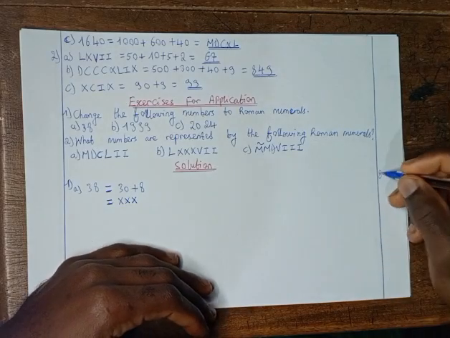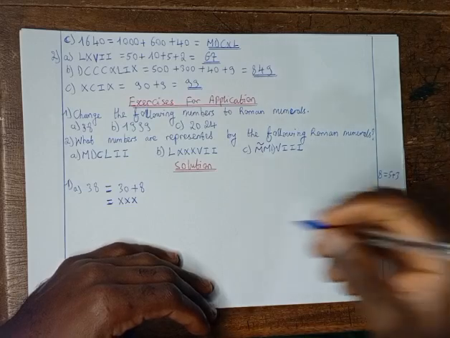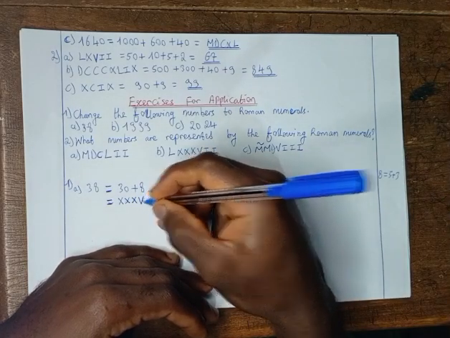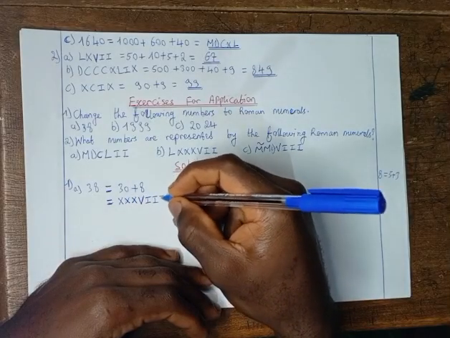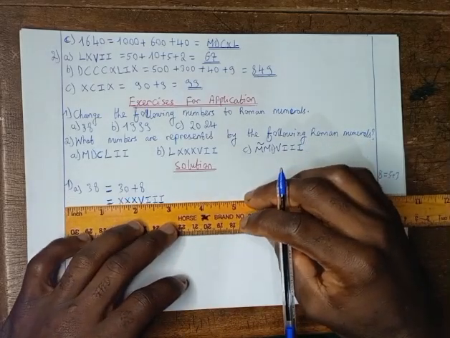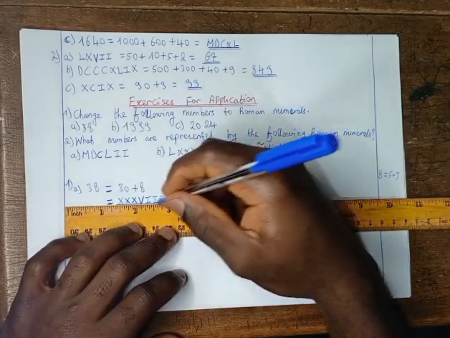Then we know the number 8 is the same as 5 plus 3. We represented 5 by using the letter V and 3 by using 3 I's. Therefore, the number 38 in Roman numerals is simply XXXVIII.